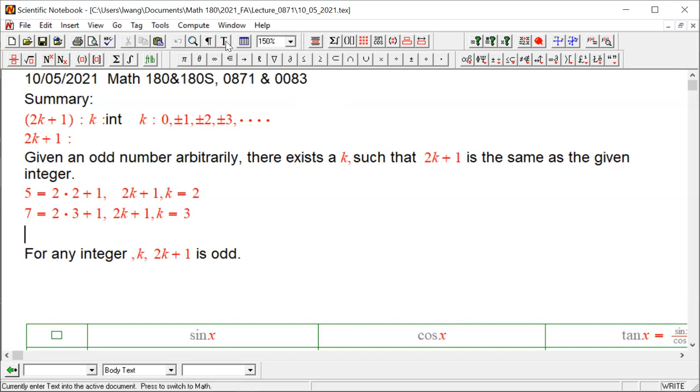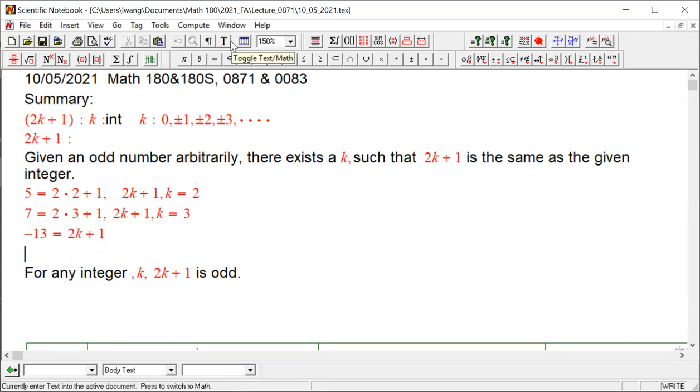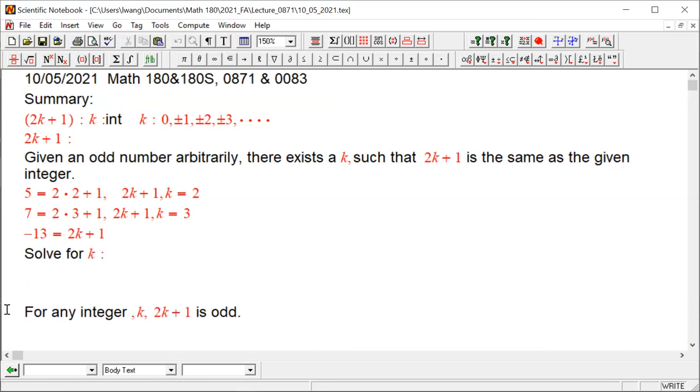How about negative 13? How do you represent negative 13? Well, 2k plus 1, I don't know what k is, but I can solve for k, right? Can you solve this equation for me?